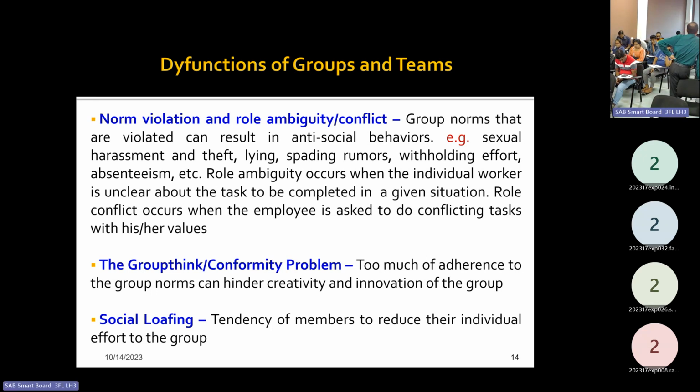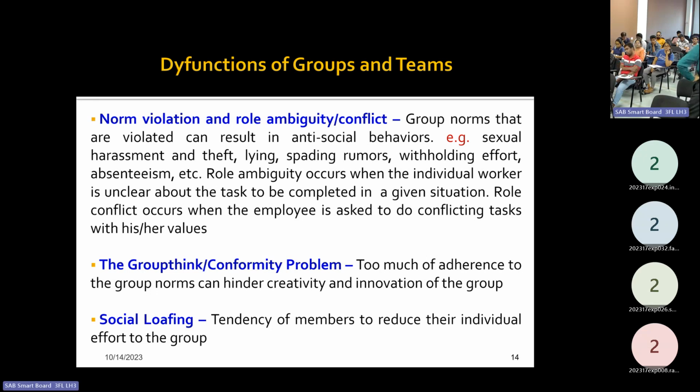The first one is what? Norm violation. That means a group shift, no, it's a conformity problem. Some members, as I mentioned in the out-group situation, may try to engage in antisocial behaviors in the group or in an organization.